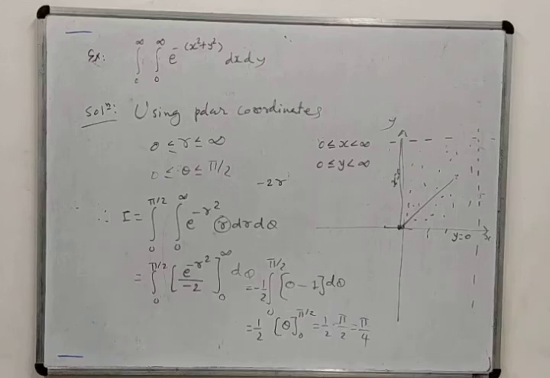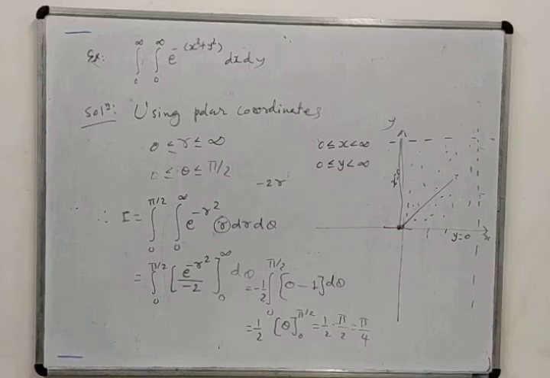Next time we will see more examples based on conversion into polar coordinates, and we will also come with the new concept of multiple integrals. Till then, try and practice with these examples.